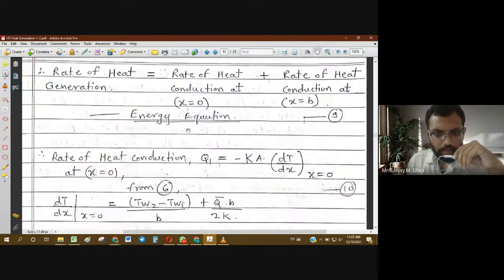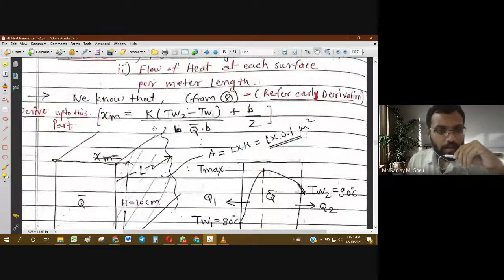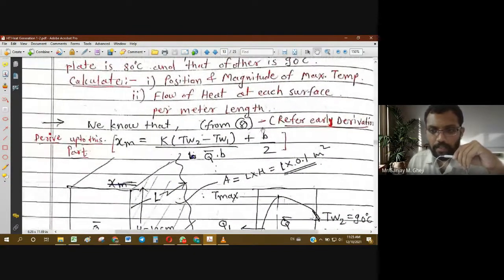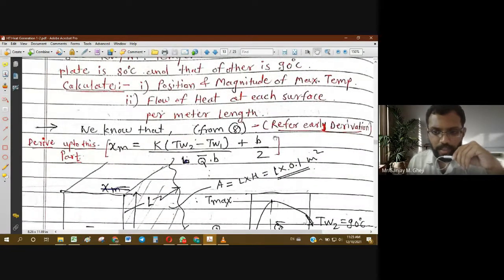For this problem solution, I have not repeated all those steps, and I have said to refer to the earlier derivation, only to save space and time.